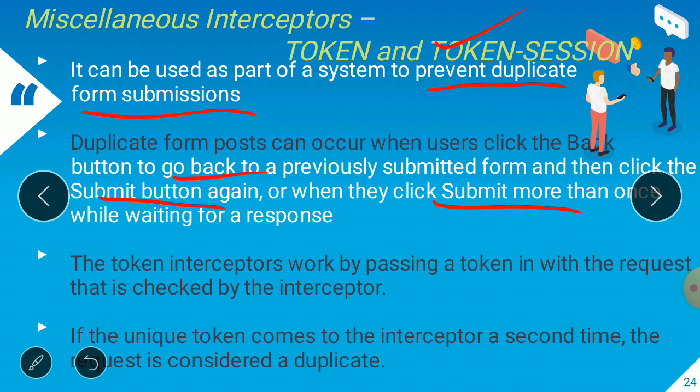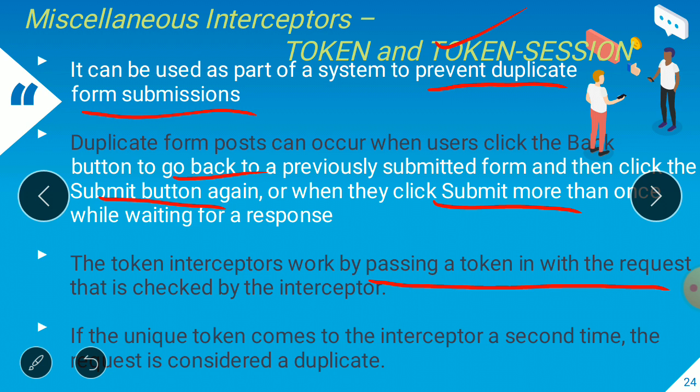This token interceptor works by passing a token within the request; along with the request, a token goes. So when you are working, from your login, from your PC, it will be giving one token along with that request. So even if you press a second time, the same token goes. So if the unique token comes to the interceptor for a second time, then it considers it a duplicate.